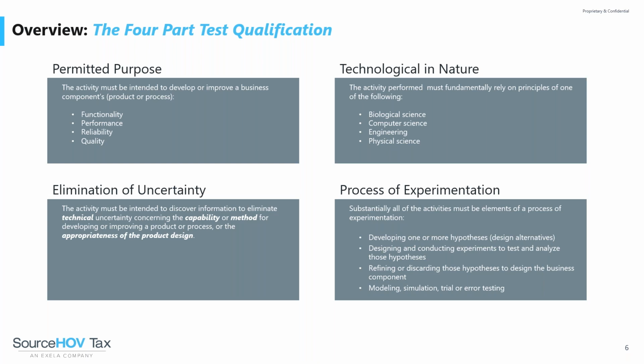So once we can answer all of these questions and say, yes, check, we have that element within our project, that project will then be R&D qualified, and then we can start looking at the associated expenses that surround that project.